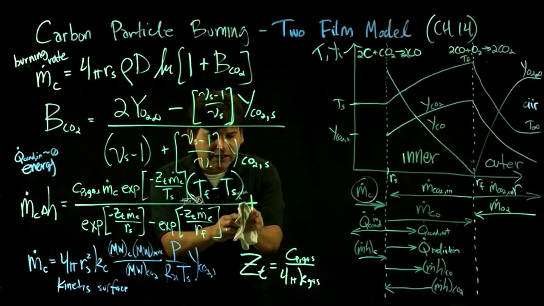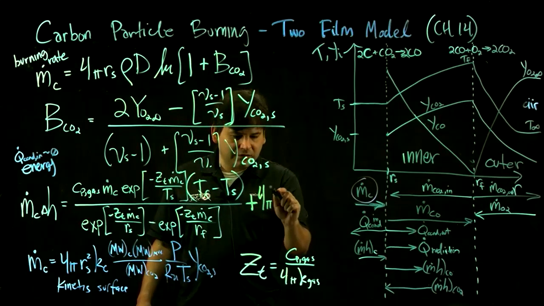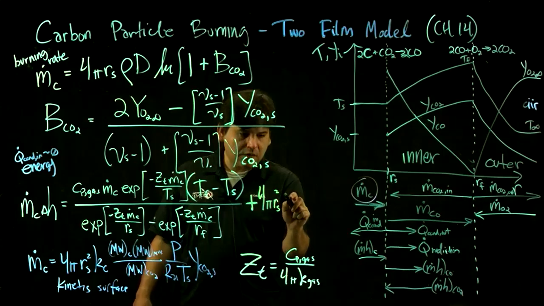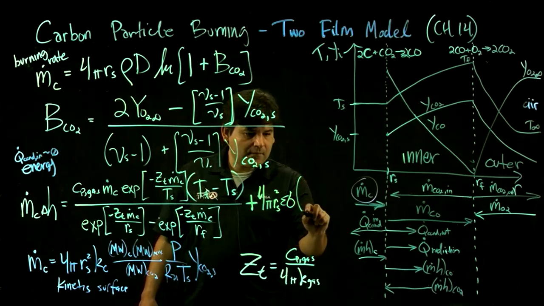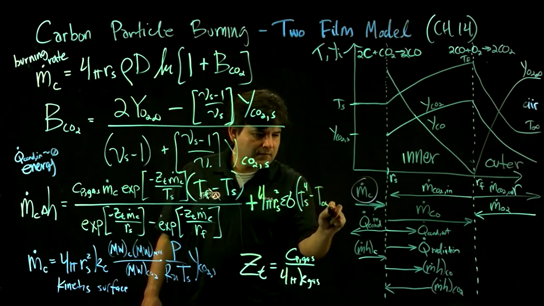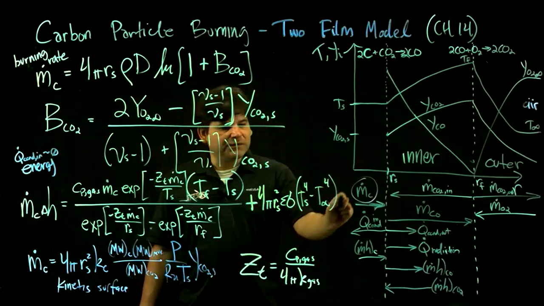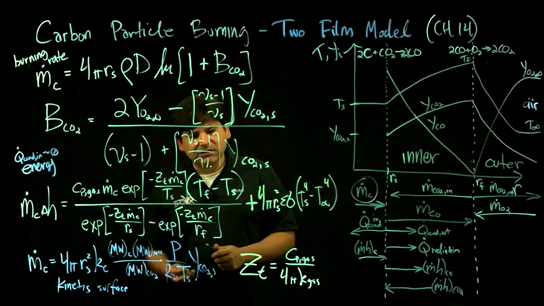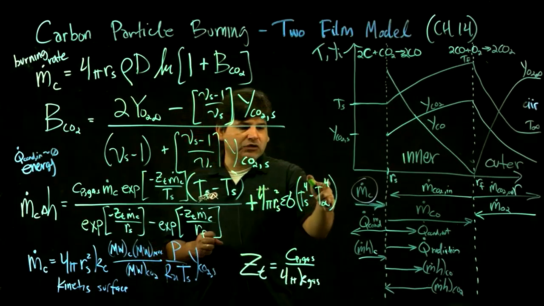plus a radiation behavior. So here's the radiation. This is radiation, and that has this classic Stefan-Boltzmann model of radiation to the fourth.